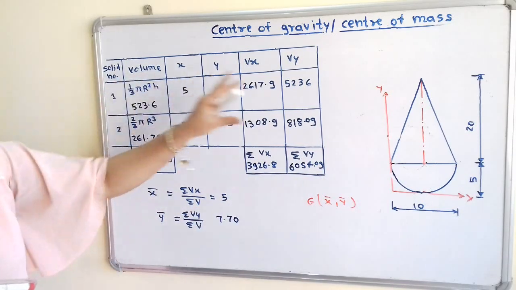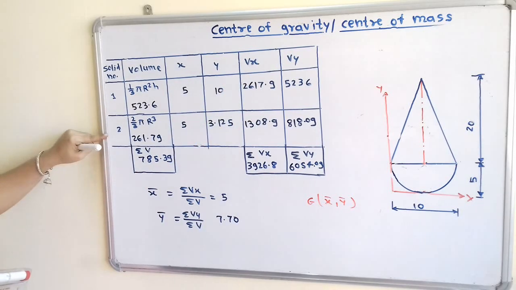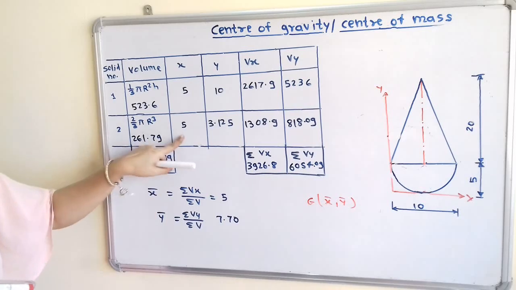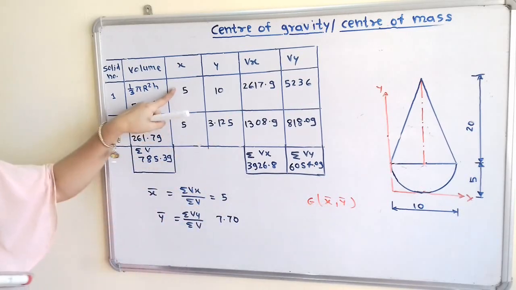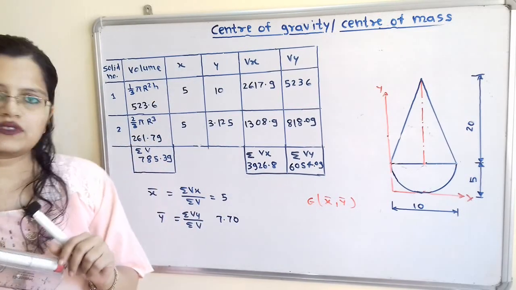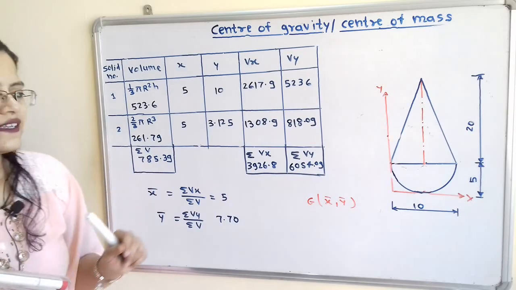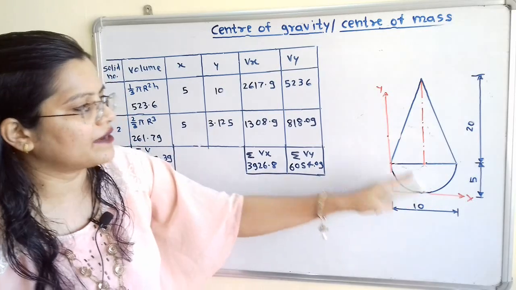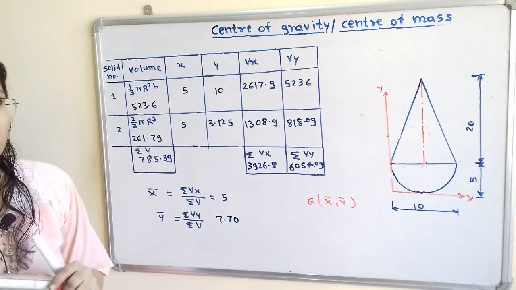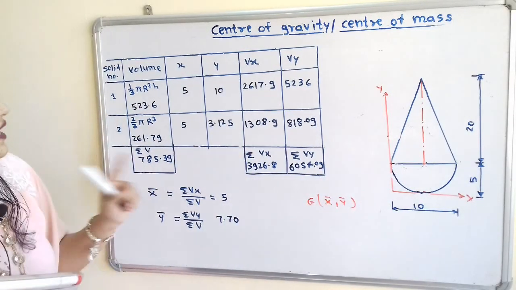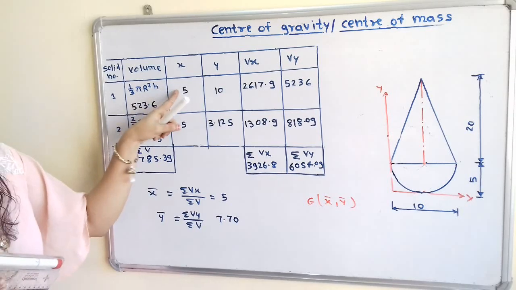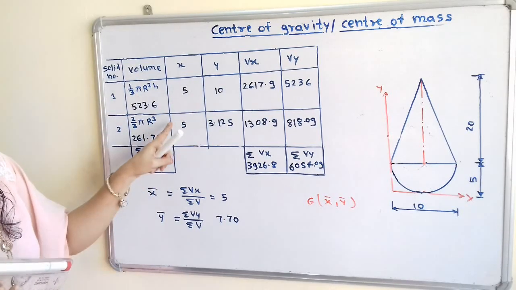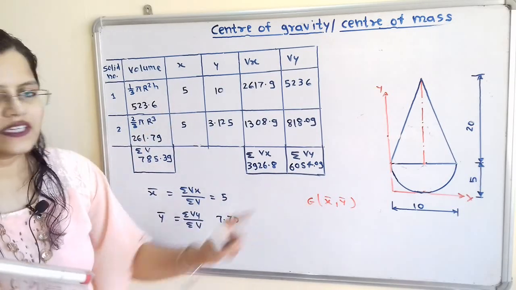Now if we observe this table, for both these shapes the value of x is the same. So when we calculate x bar, it is also the same. The reason is that this is symmetric about the vertical line passing through the center of these two shapes. Whenever the value of x or y is the same for both shapes, it is not necessary to calculate x bar.